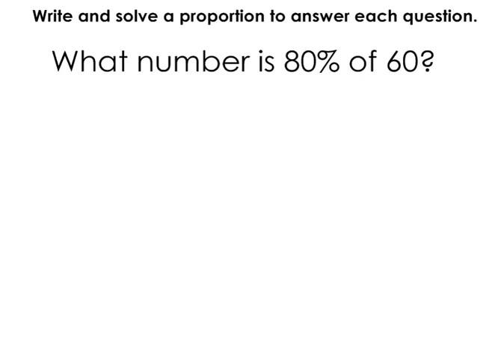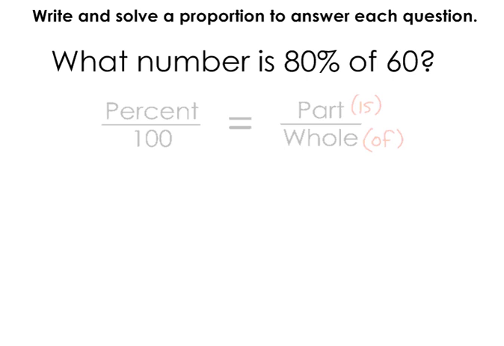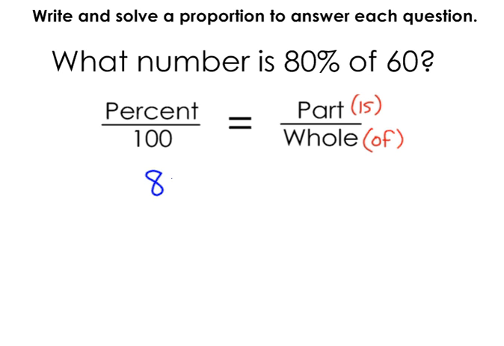All right, final example for the video. Again, pause it, try it, and then you can hit play. All right, what number is 80% of 60? So our percent is 80 out of 100.